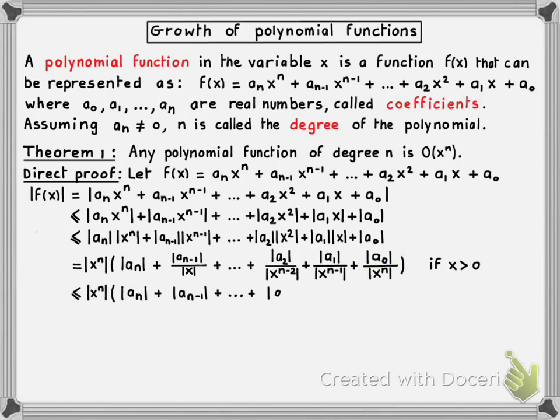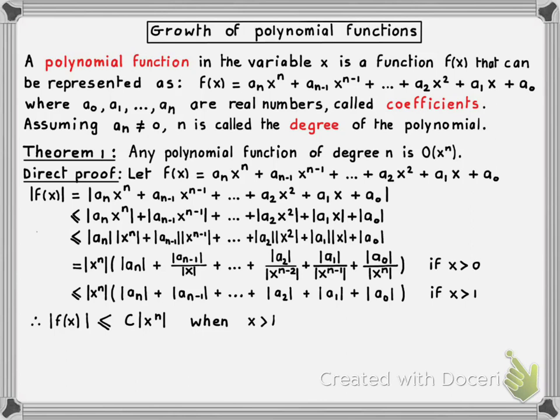We have this inequality now, which holds only when x is greater than 1, as we just argued. So we see that the absolute value of f of x is less than or equal to a constant times the absolute value of x to the power n if x is large enough.